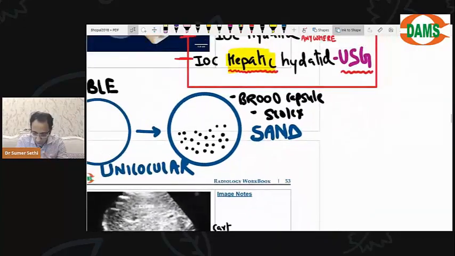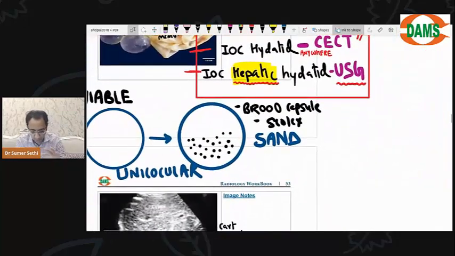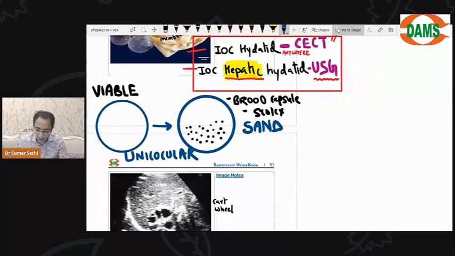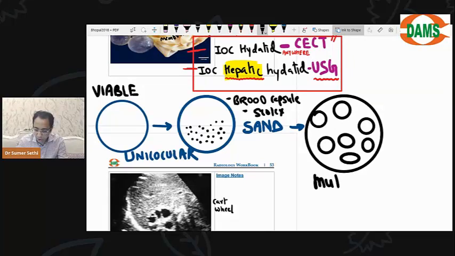That is what has been labeled in ultrasound as hydatid sand. Then the hydatid starts to divide into daughter cysts, and inside the hydatid you can see multiple daughter cysts like this. You can see a multilocular appearance.